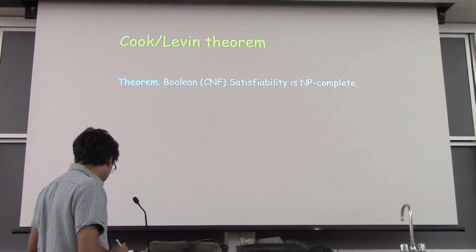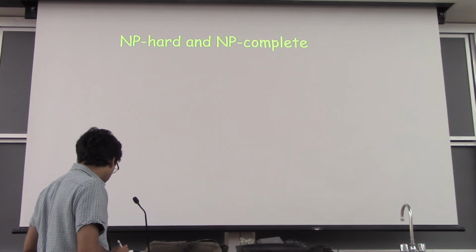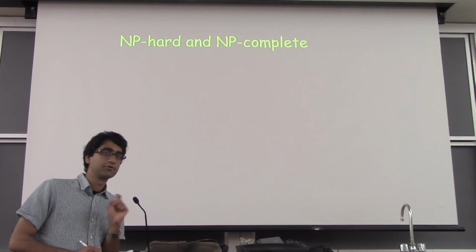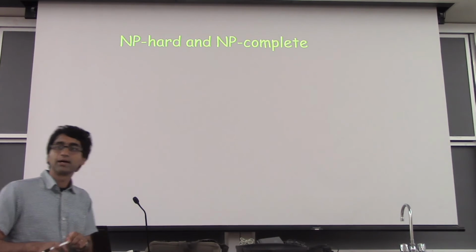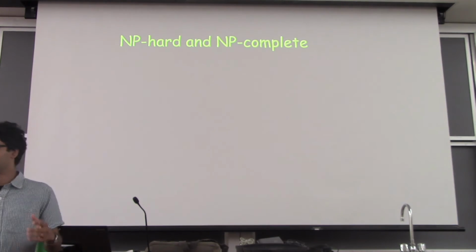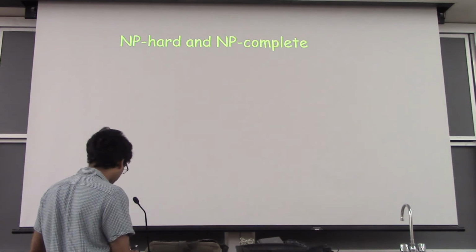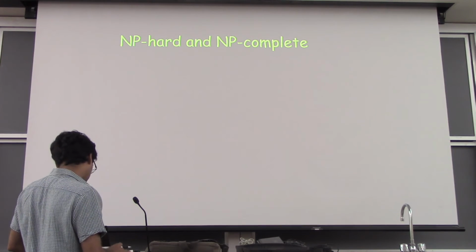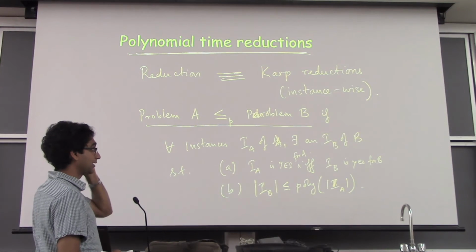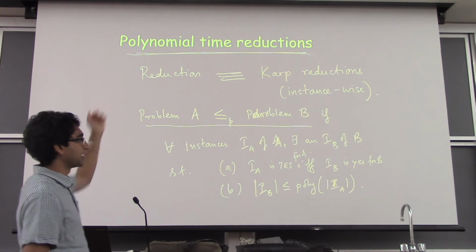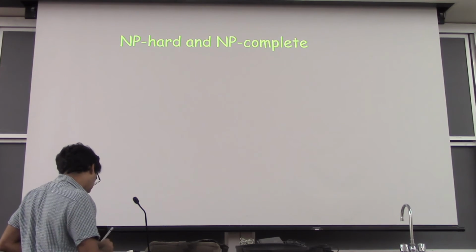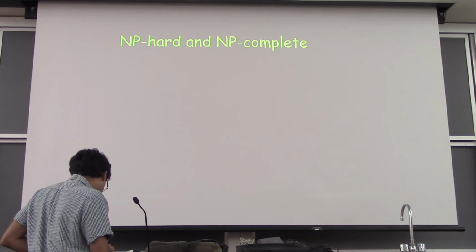Now I want to define the notions of NP-hard and NP-complete. Most of you would have seen this, but you should not mess it up, so let me formally define it. This is what a reduction is, this is what a polytime reduction is, and this is what we called a Karp reduction before. So what is NP-hard?